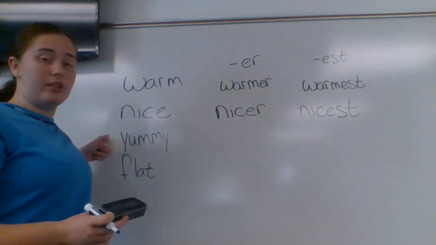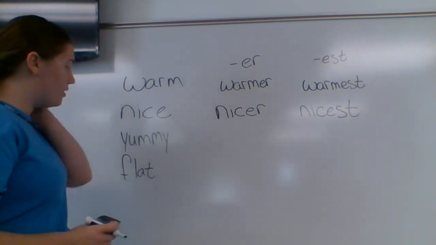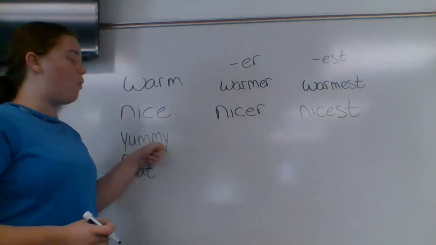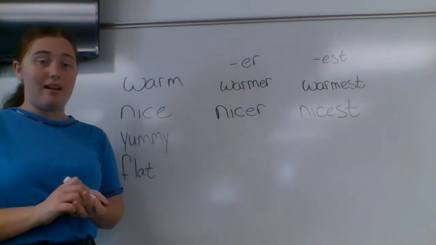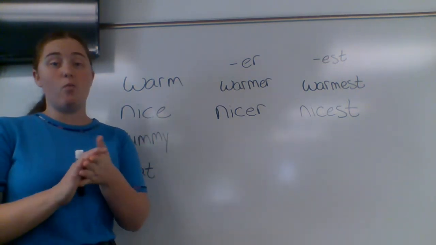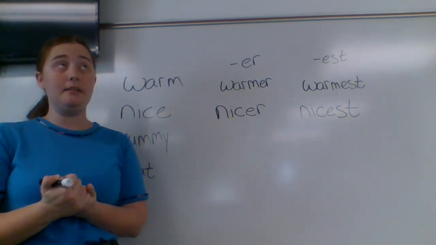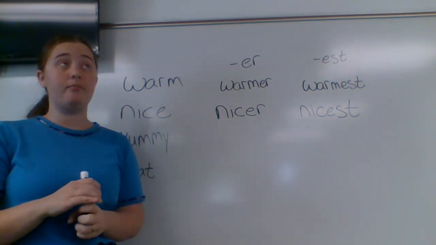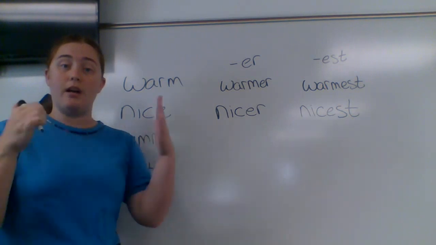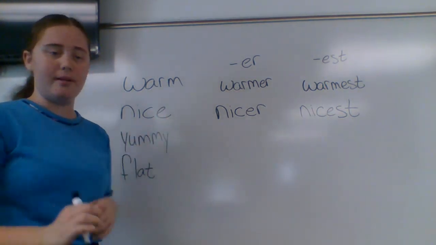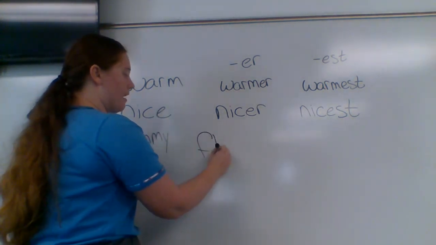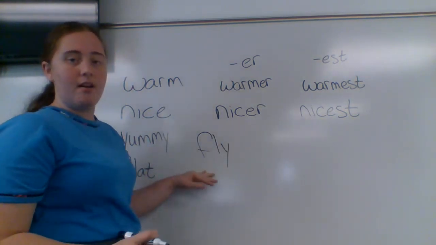Let's also look at the word yummy. The word yummy has a Y at the end. We know if we were making a word plural that ends in Y, like the word fly, like an animal buzzing around, F-L-Y, I'll erase this in a moment.